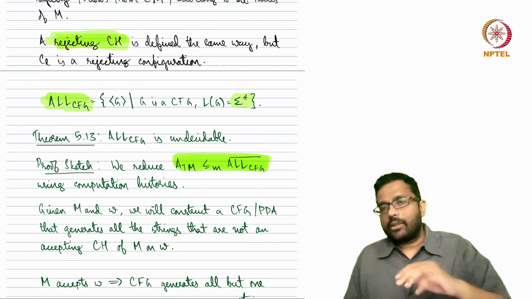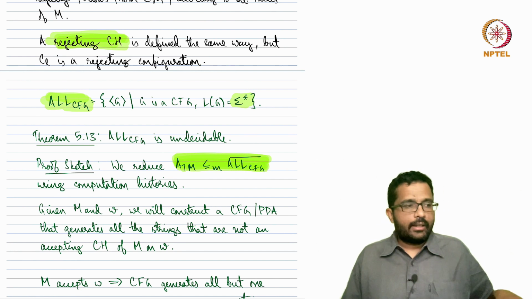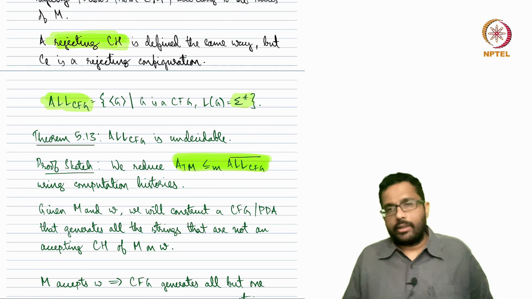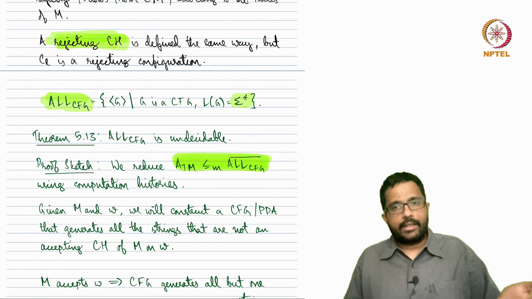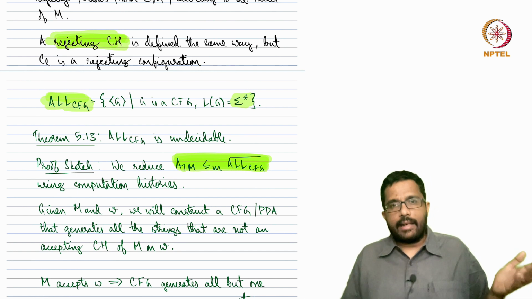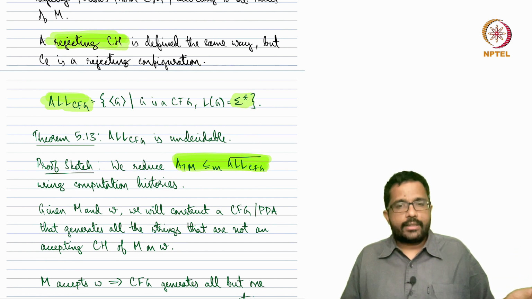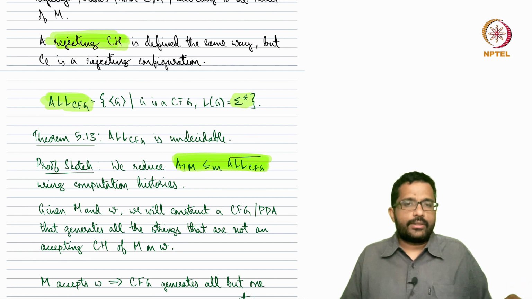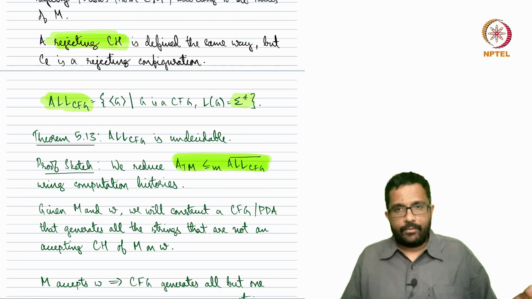But that also implies that ALL-CFG is undecidable, because if a language L complement is undecidable, then L is also undecidable: if you can decide the language L, you can just flip the output, yes to no and no to yes, to get a decider for L complement.